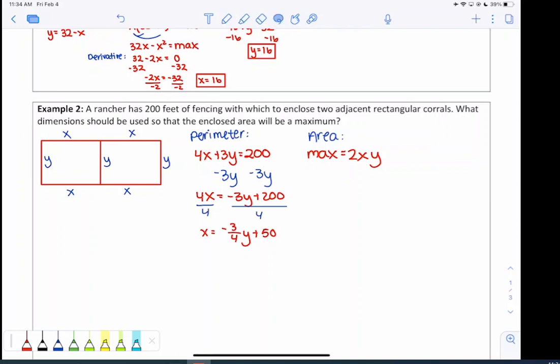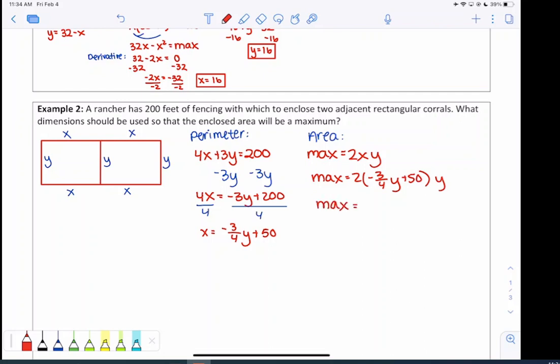Now that I've isolated my x, I'm going to go back to my area function and replace my x with negative 3/4 y plus 50, times y. So let's simplify this a little bit.